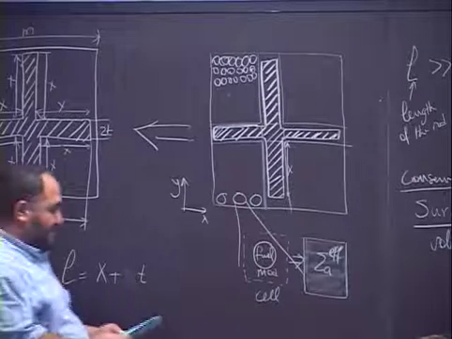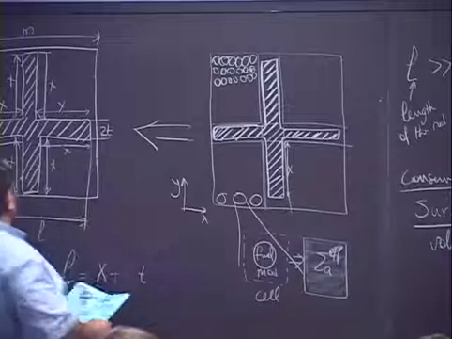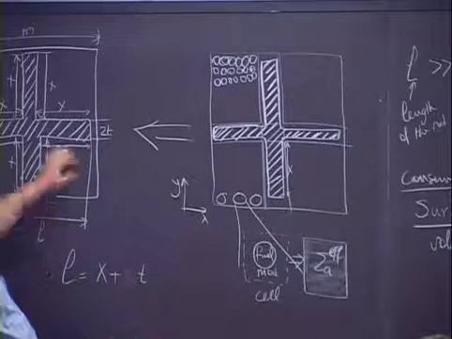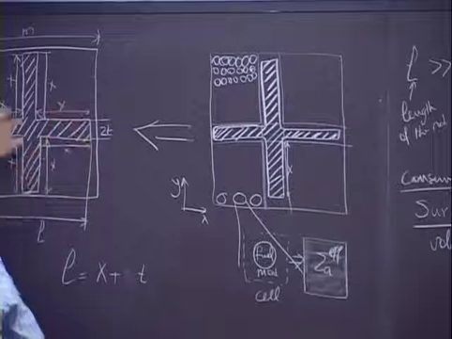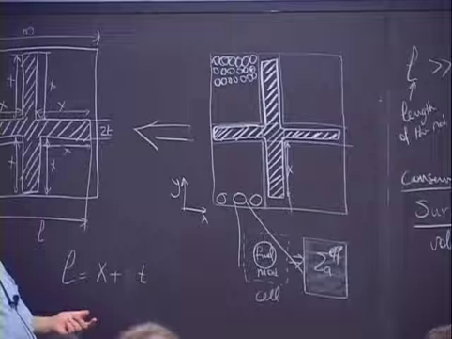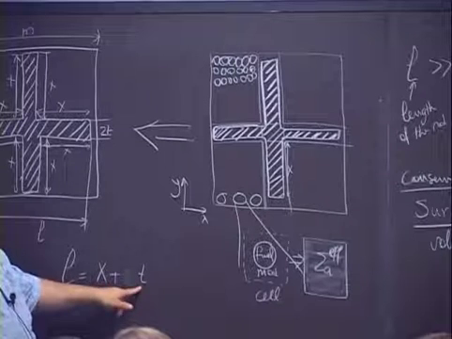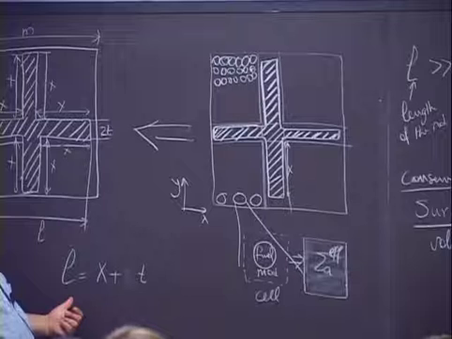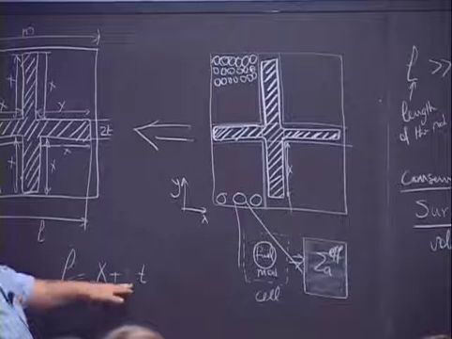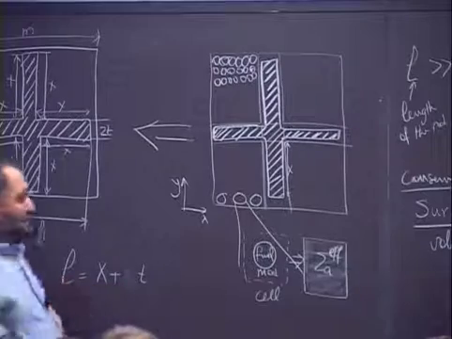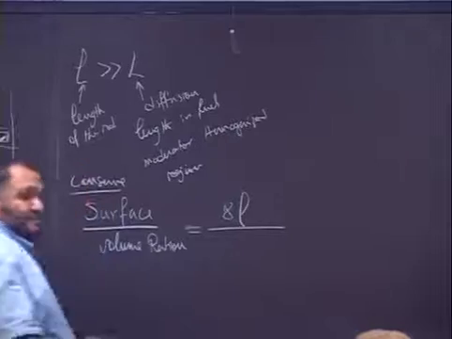And you will notice that also you have 8 t's, because this is 2t, and 2t is 4t, and 2t and 2t is 4t. So this is 8t. So 8 X's plus 8t is how many L? 8L. So this will give me 8L. The surface area is just 8L.